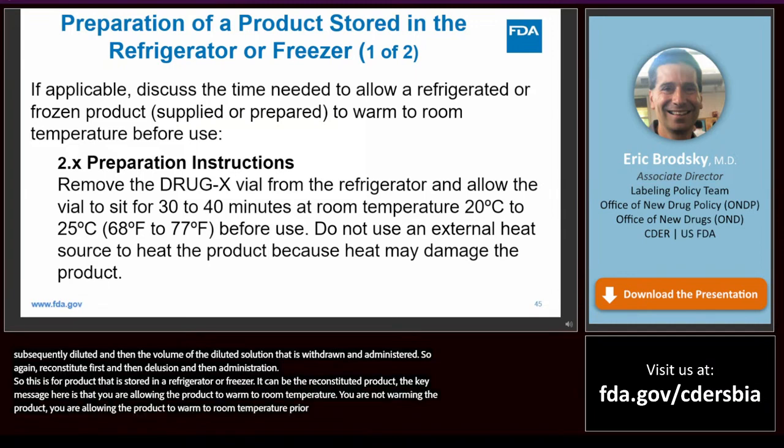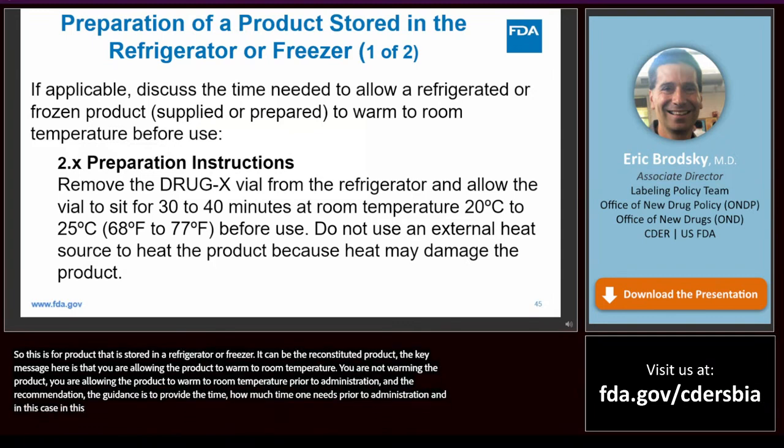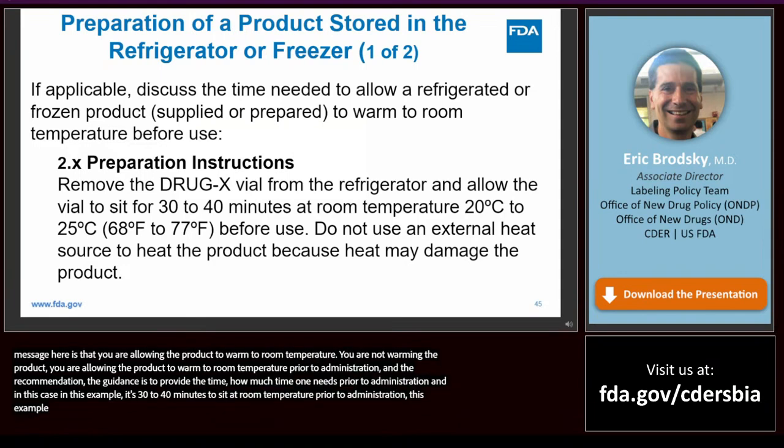And the guidance is to provide how much time one needs prior to administration. In this example, it's 30 to 40 minutes to sit at room temperature prior to administration. This example also recommends not using an external heat source to heat the product because heat can potentially damage the product.